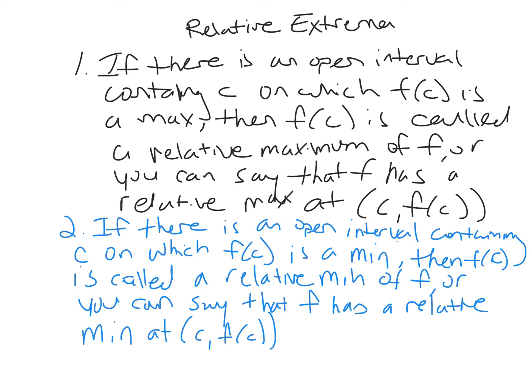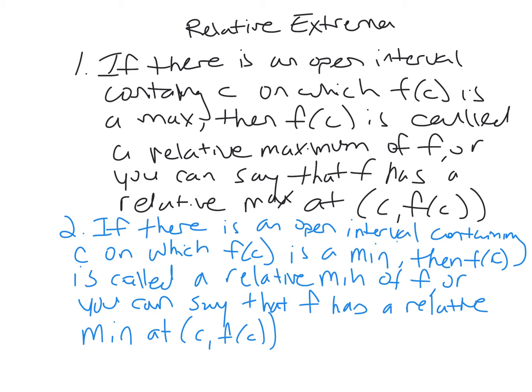Or you can say that f has a relative max at c comma f of c, the ordered pair. Same thing for the minimum. If there is an open interval containing c on which f of c is a min, then f of c is called the relative min of f, or you can say that f has a relative min at c comma f of c.